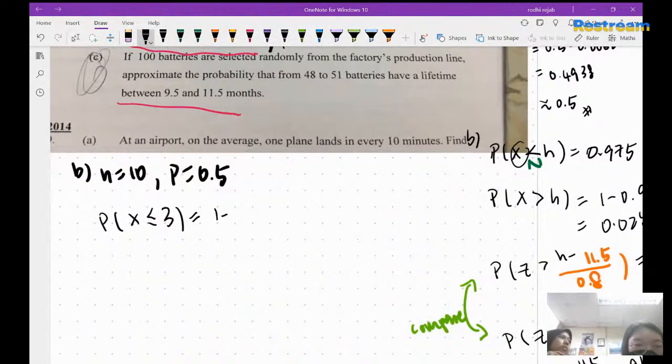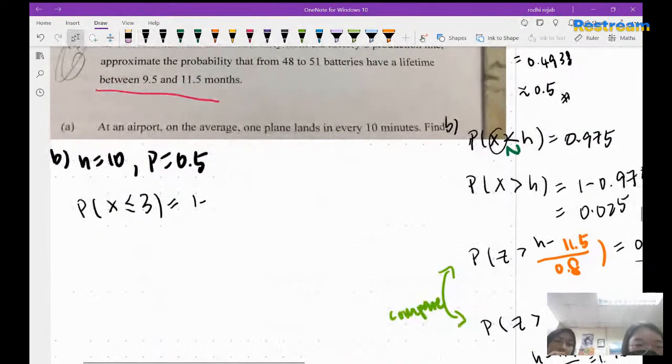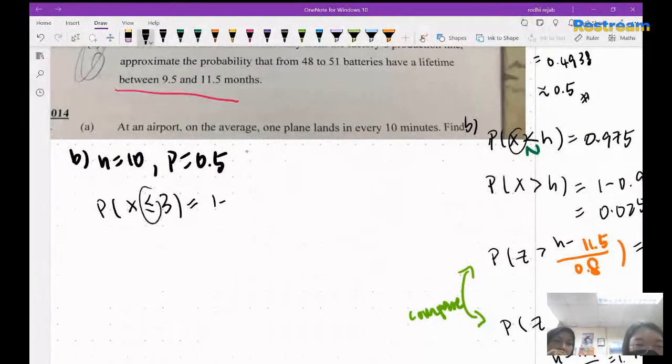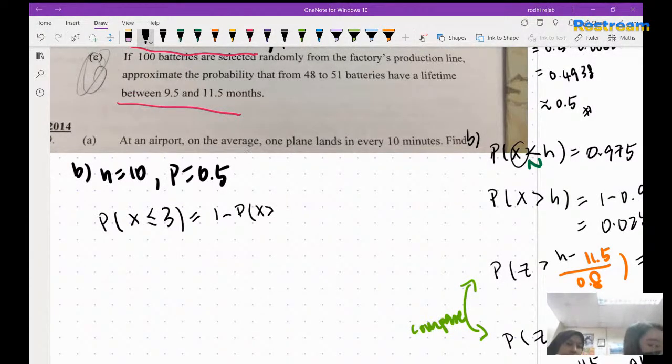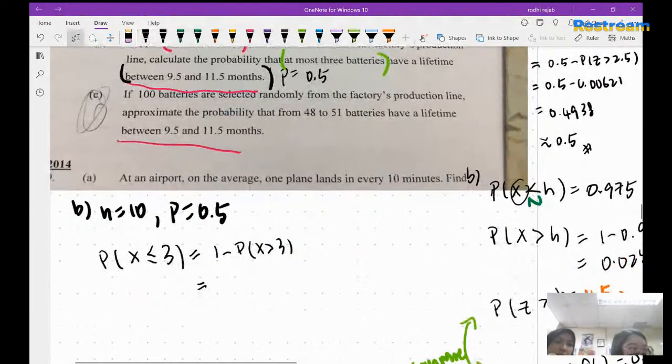Okay. So masa kami buat soalan macam ni, kita kena tukar dia punya sign jadi more than dulu. So tukar jadi more than 3. Yang ni kami boleh refer table juga.